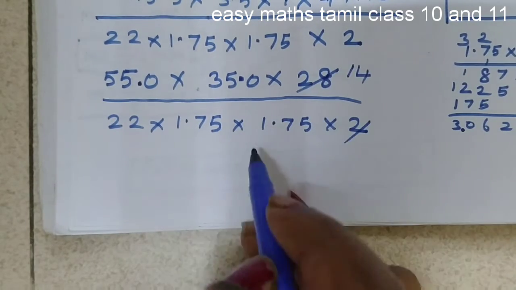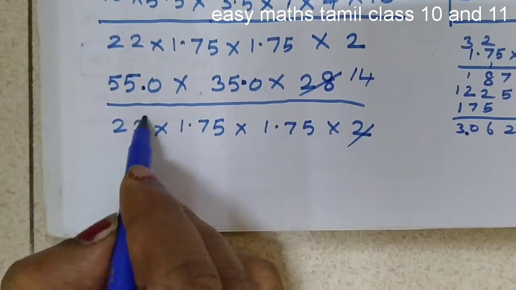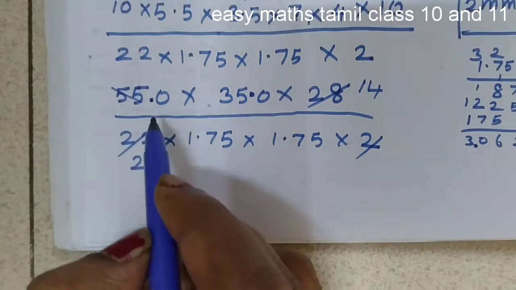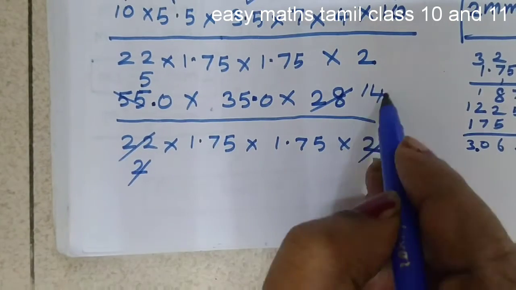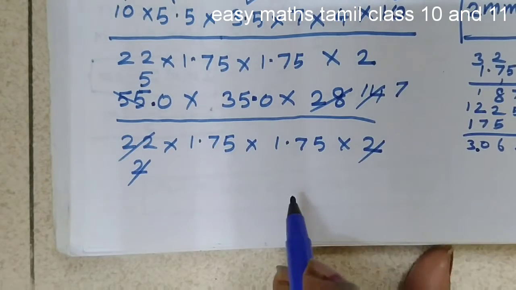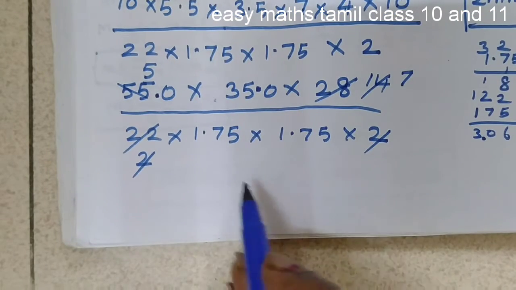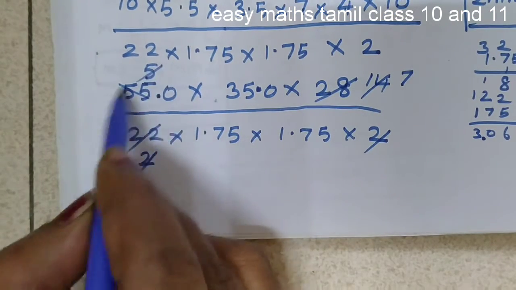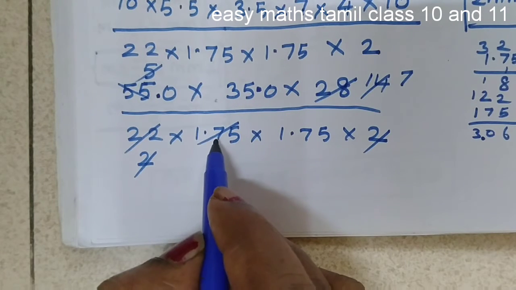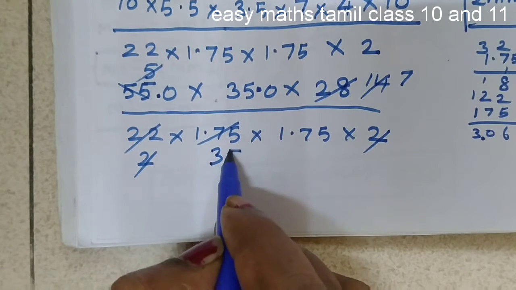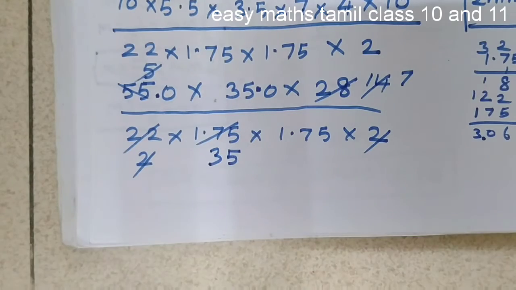2 14s are 28. 2 11s are 22. 11 5s are 55. 2 7s are 14. 5 35s are 175.